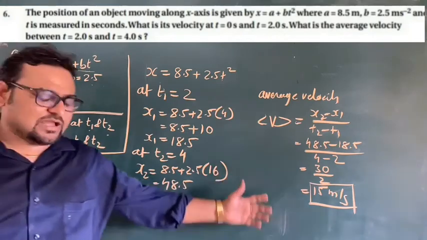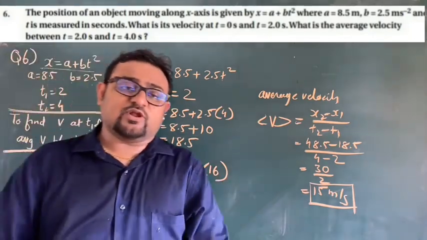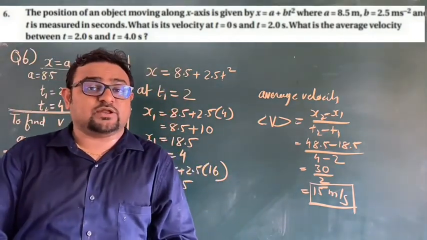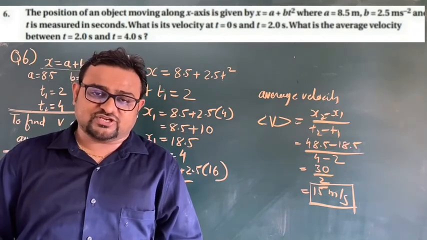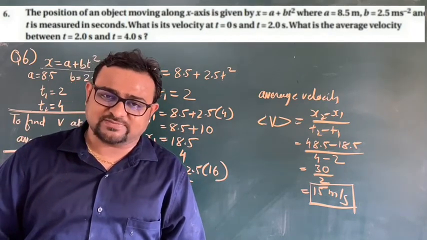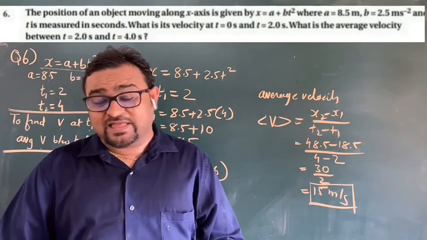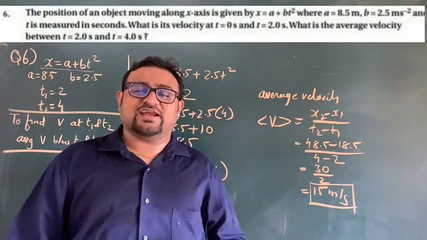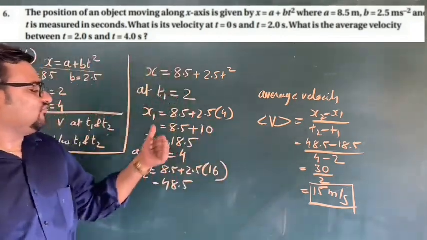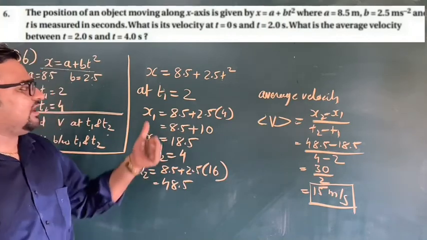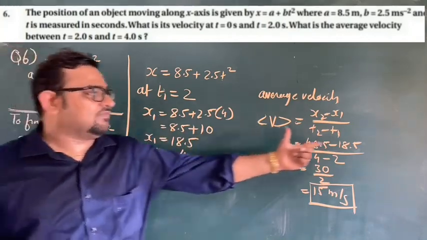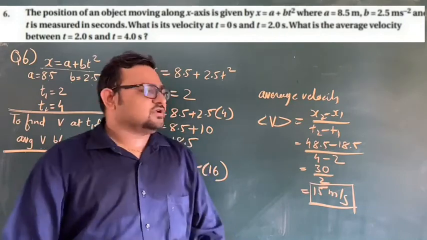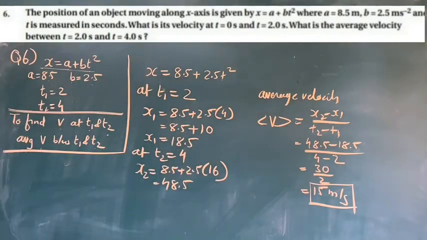So this was about average velocity. Remember, when you're finding instantaneous velocity, you have to take the derivative of the equation of displacement x. And when it is average velocity, find the initial position, final position, initial time, final time, and then use this formula. So note down the second part of question number 6.